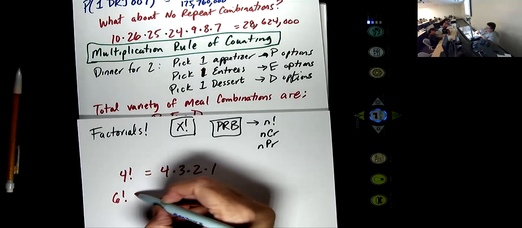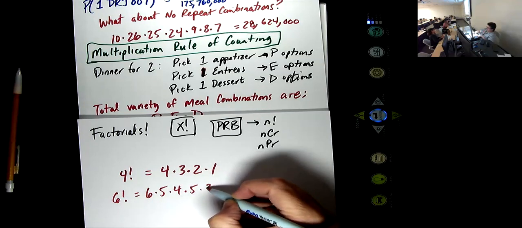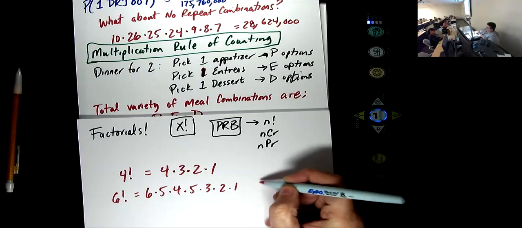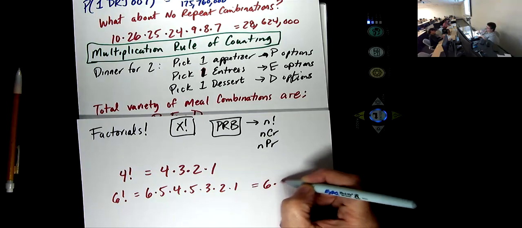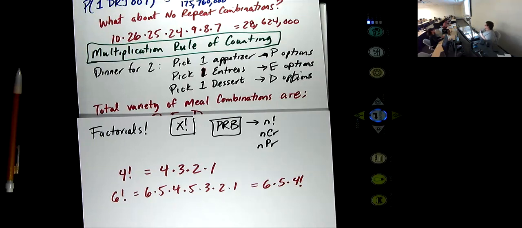6 factorial is like doing 6 times 5 times 4 times 3 times 2 times 1. Or I could write this as 6 times 5 times 4 factorial.